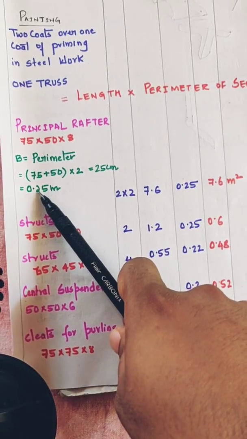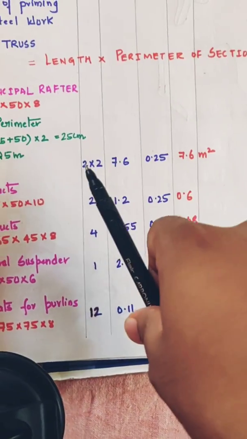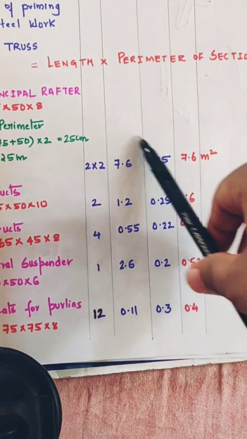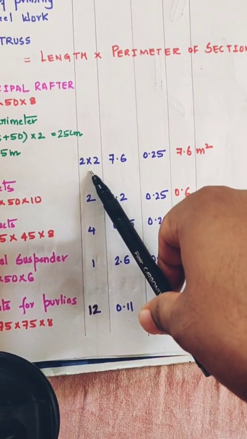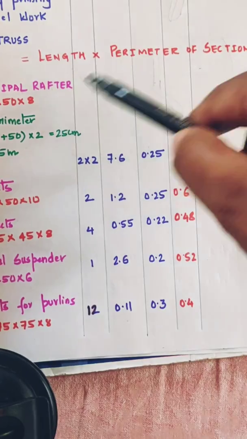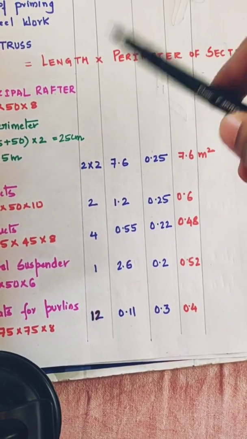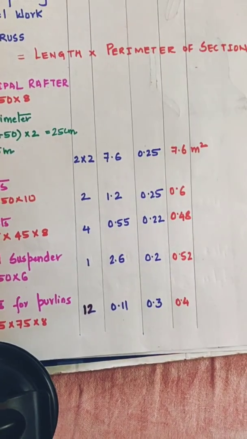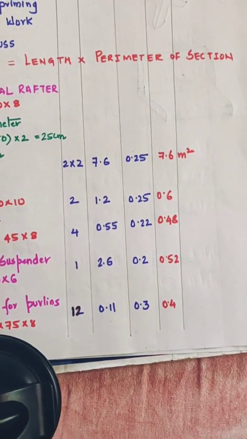Keep that in meters, right? On one side there are 2 principal rafters, because it is 2 ISA, and 2 on the other side, so a total of 4 principal rafters for one truss.